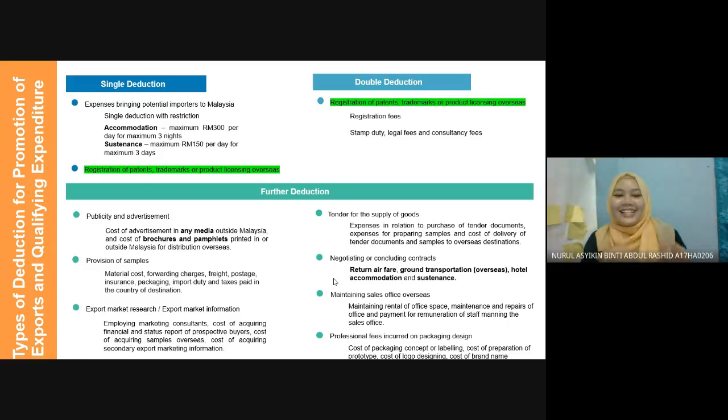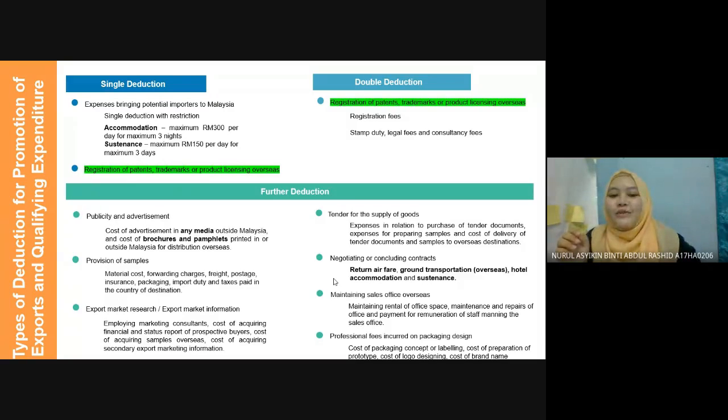Okay, next is provisions of samples, which is material costs, forwarding charges, postage, insurance, packaging, import duties, and taxes paid in the country of destination. And then if the export market research and export market information, all the expenses incurred in that also get the further deductions.